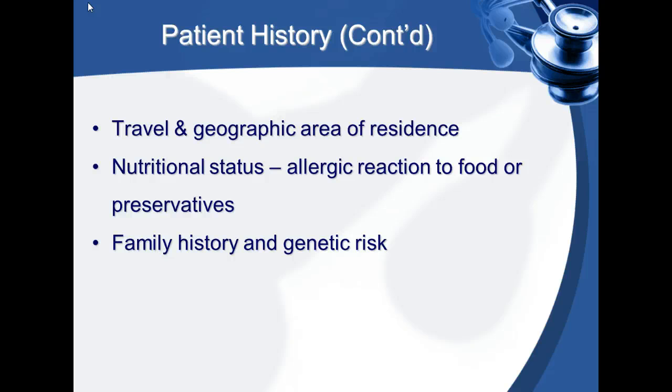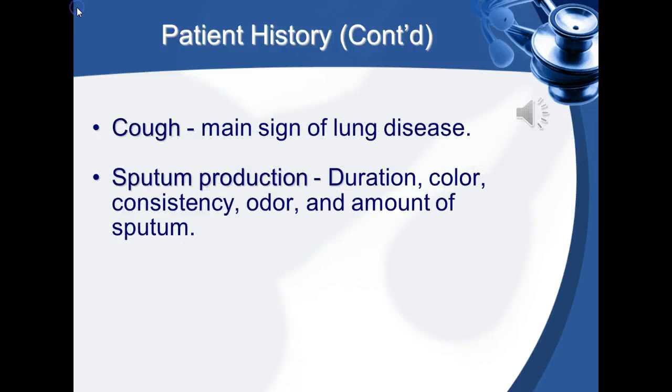Also, you want to know whether they have traveled out of their geographical area of residence. Also nutritional status, whether a person has an allergic reaction to food or preservatives, and whether the family has a genetic history.